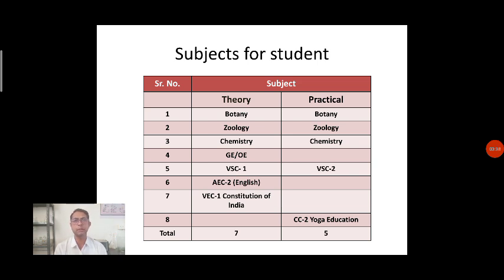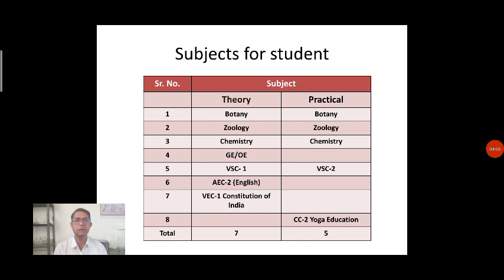This subject is common for all the students among the different faculties. So suppose a BSc student selected botany, zoology and chemistry, that student also has the GEOE subject, the VSC1 subject, then the AEC subject and the VEC subject.